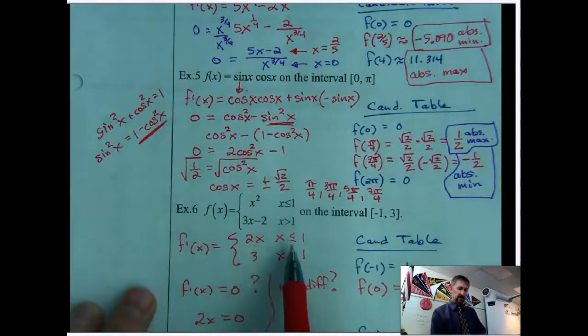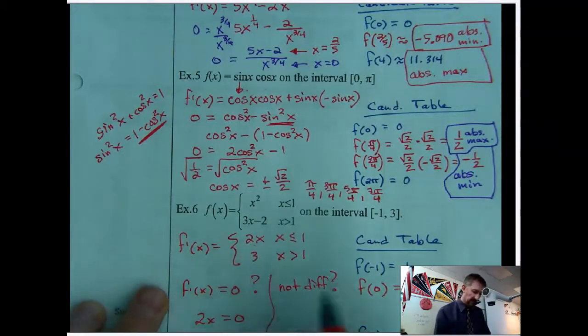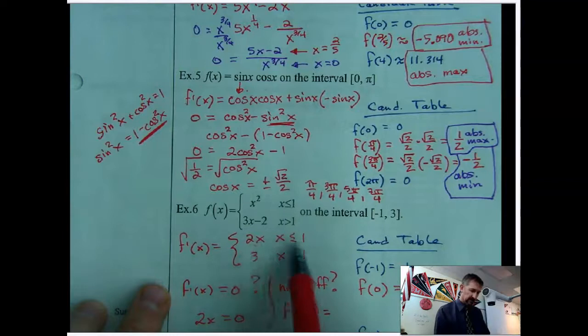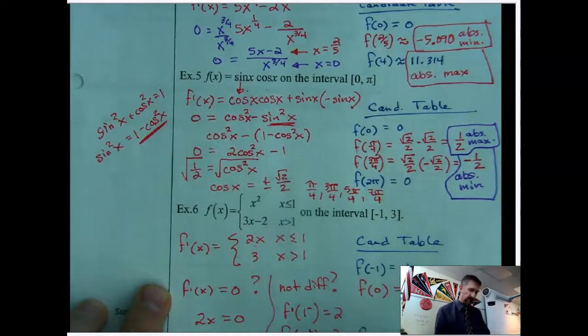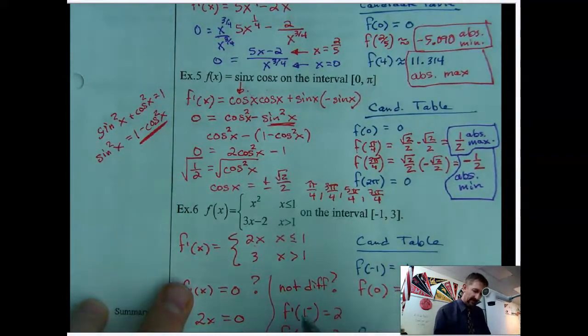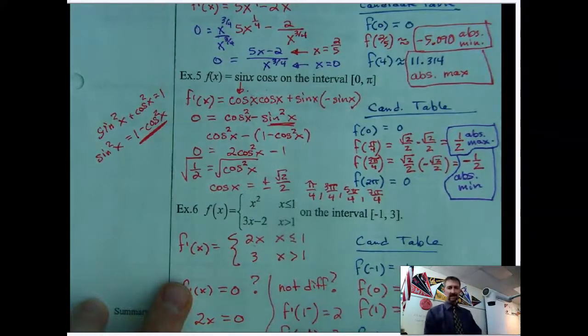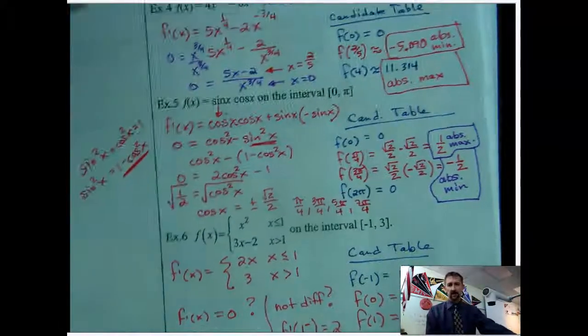Well, if you look at these two things, at the boundary point, f prime of 1 from the left is 2, and f prime from the right of 1 is 3. And so those do not equal. That means that at 1, at the boundary point, the derivative does not exist. So I have to test that value as well.